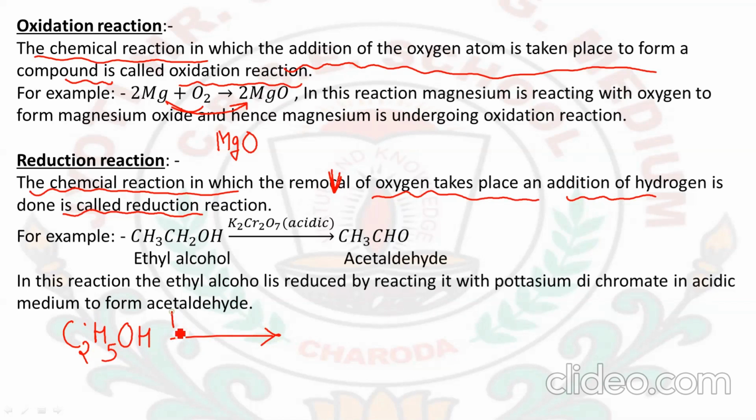For this we are taking acidic K2Cr2O7. So what will happen when we react it? Here H2O will be released. It is called dehydration of alcohol.